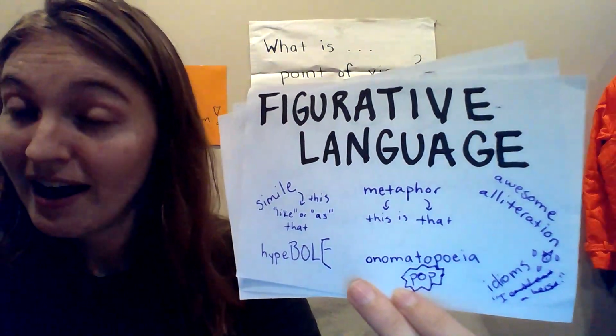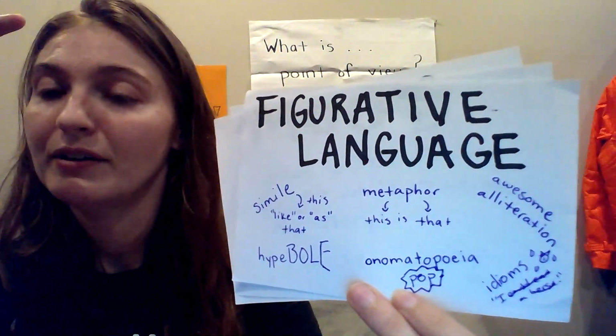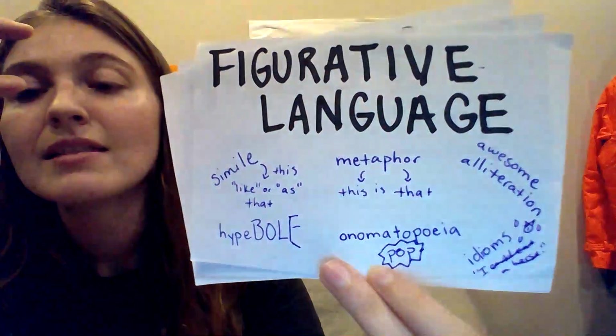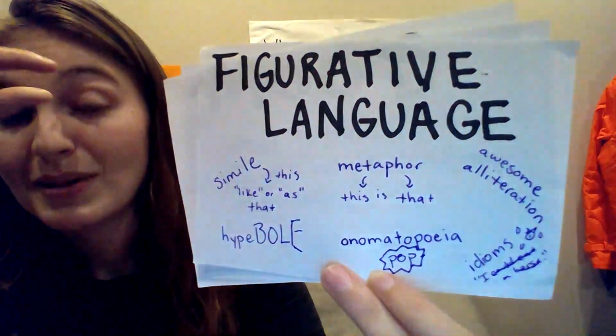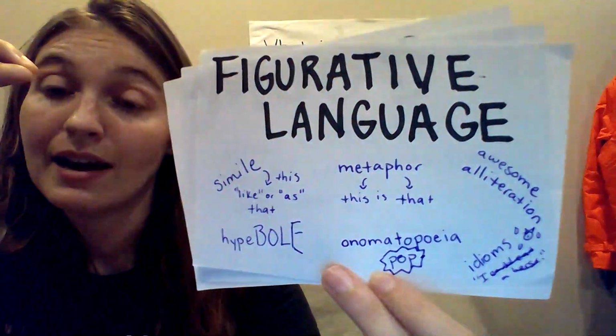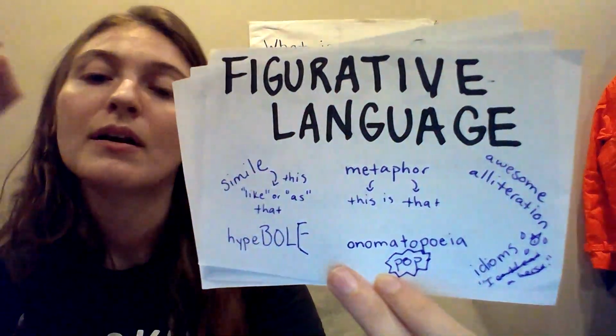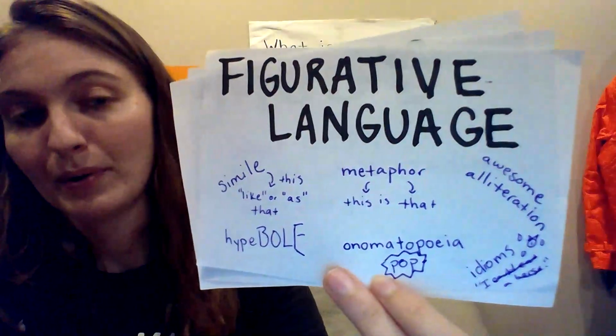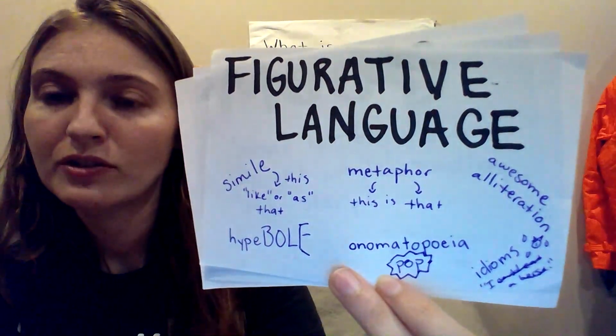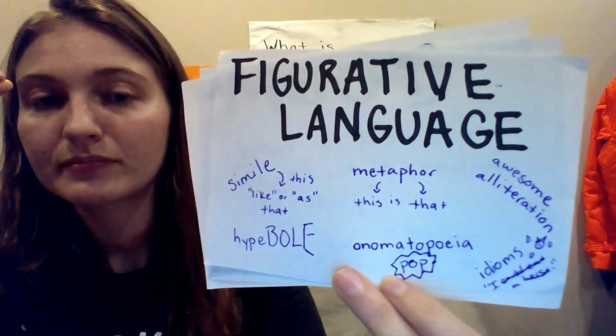Awesome alliteration. I have awesome before alliteration to emphasize that alliteration means the beginning of the word, the sound it makes, is repeated over and over, like Peter piped a pickled pepper. That is alliteration with the sound p.